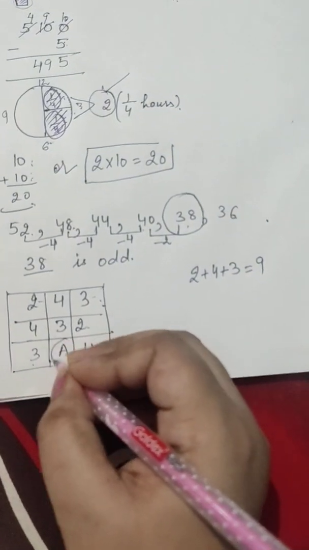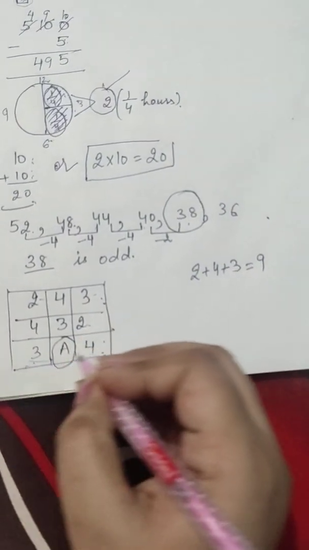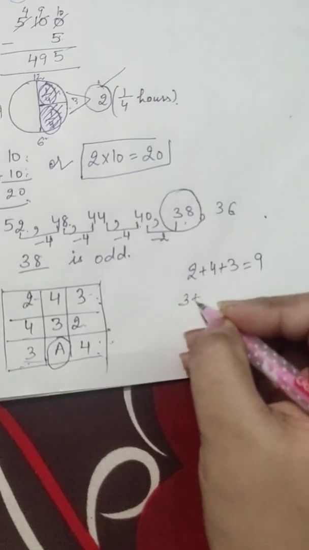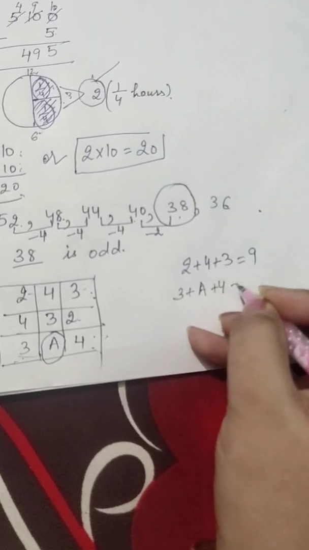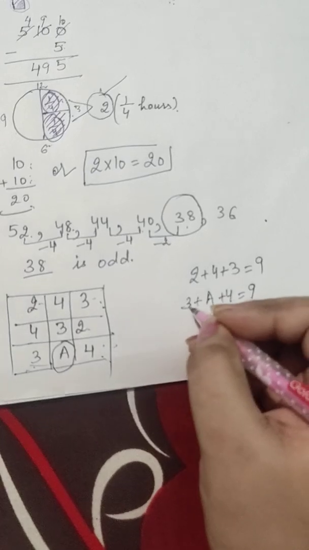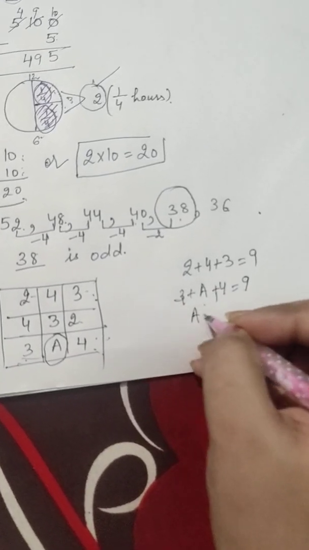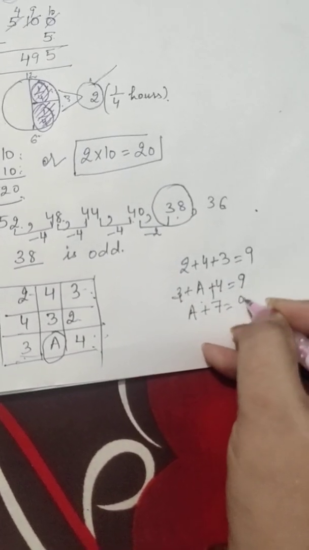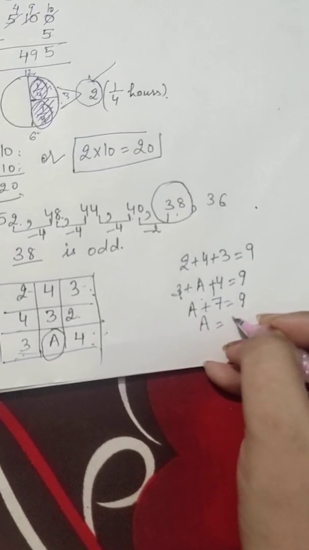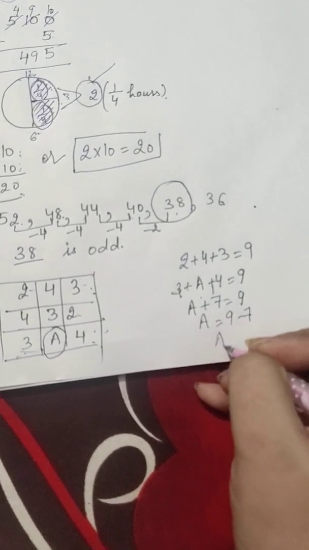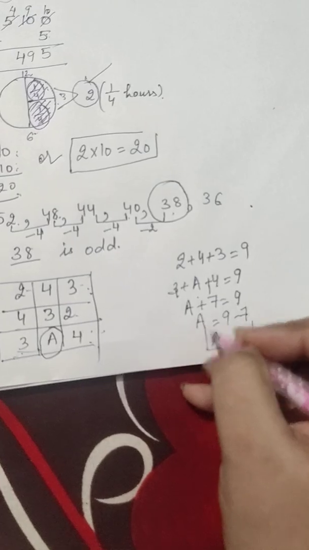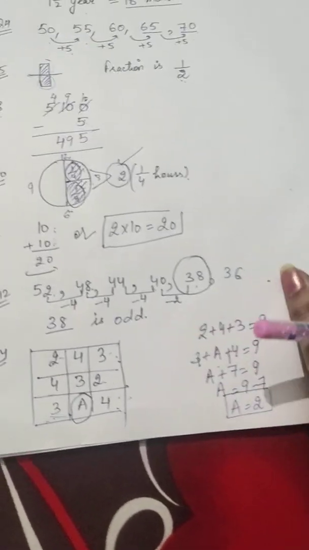So we have to find a here, so we will use this row. 3 plus a plus 4 equals 9. So 3 plus 4 comes out to be 7. A plus 7 equals 9. A equals 9 minus 7. A equals 2.